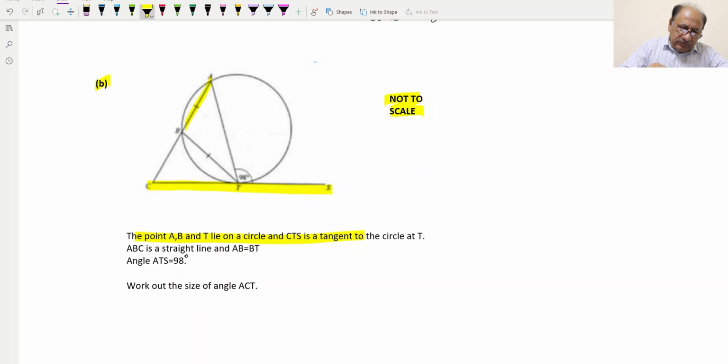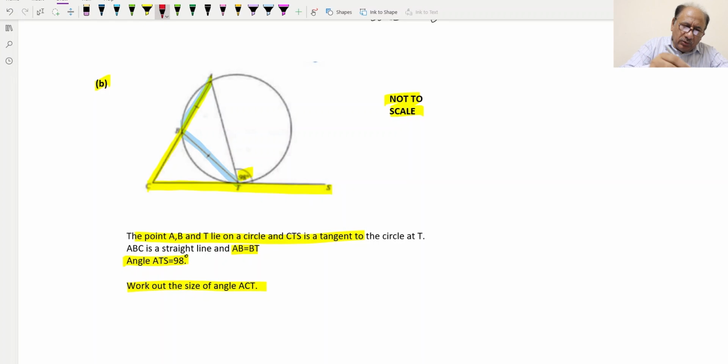AB is equal to BT, so these two are equal. Angle ATC is also given, ATC is equal to 98, and this is angle ATS. Work out the size of the angle ACT.